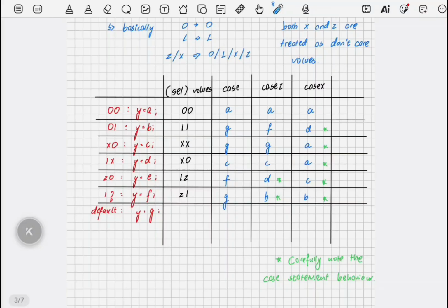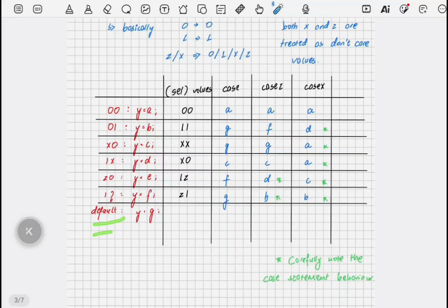So, do you have it? No. But here you have 1 and high impedance Z. Z will be treated as either 0 or 1 or X. So, because you have 1Z out here, the case will be evaluated to F. Hope you are getting it. And similarly, x will be mapped to x only in this statement. Do we have a xx out here?